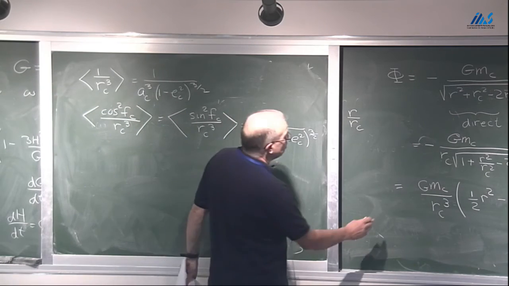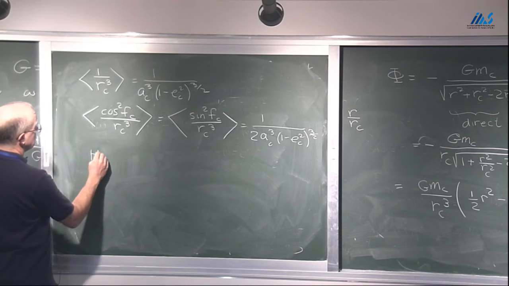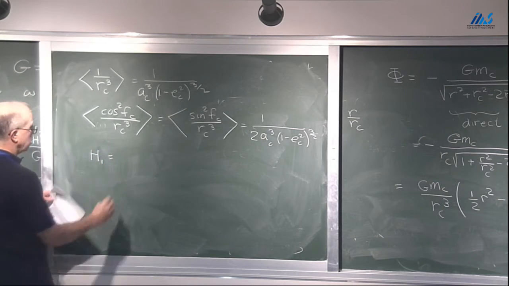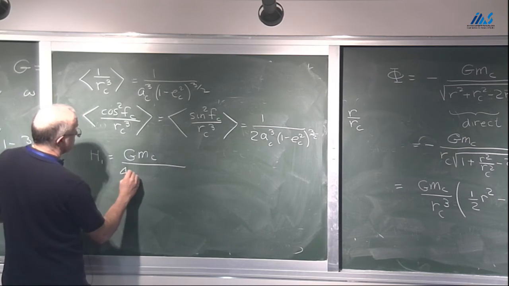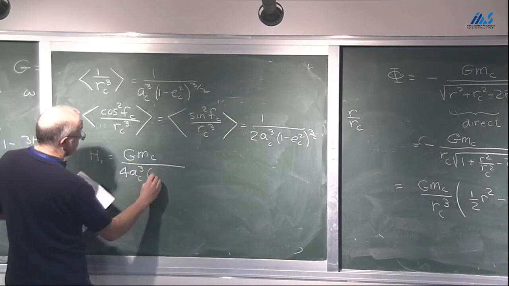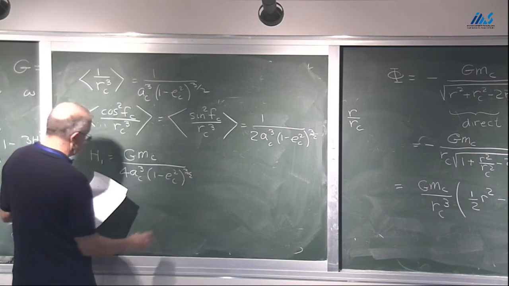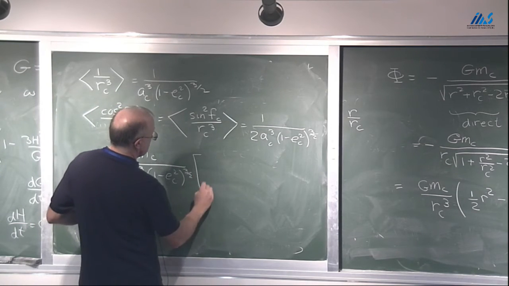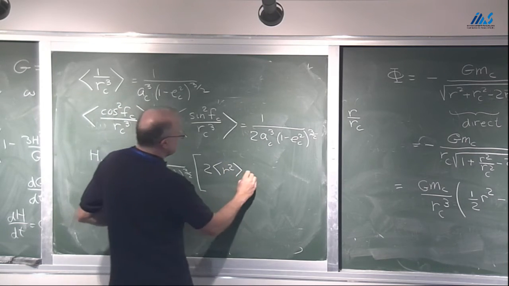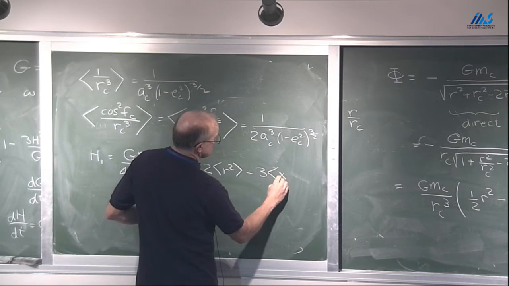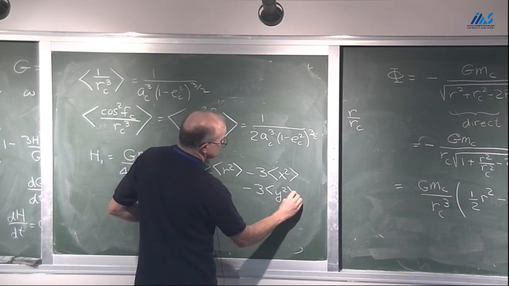And once I do that, the expression for the Hamiltonian becomes G, mass of the companion, over 4 times the semi-major axis of the companion cubed, 1 minus the eccentricity squared to the 3/2, and then twice expectation of r squared minus 3 expectation of x squared minus 3 expectation of y squared.